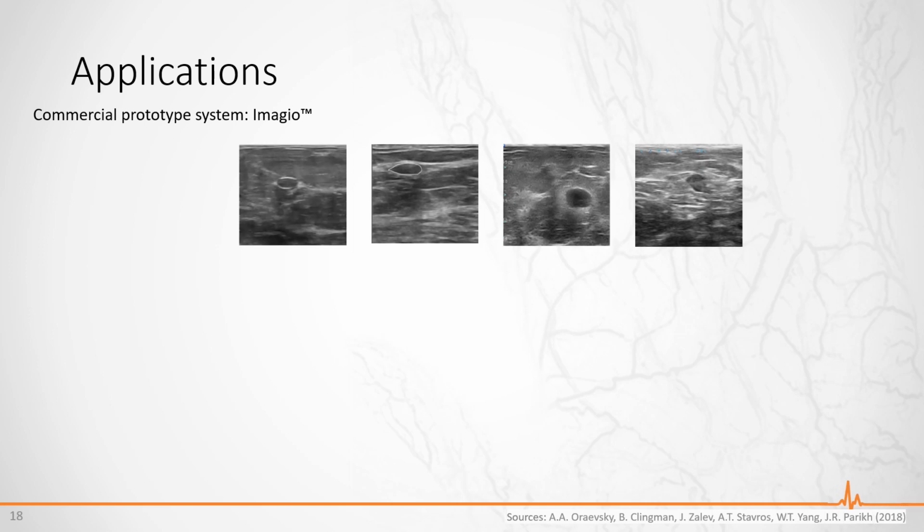Here are some examples from the Imagio. These are the conventional ultrasound images from breasts showing dark dots under the skin which might be malignant tumors or just harmless fibroadenoma. It is difficult to judge their danger just from these images.